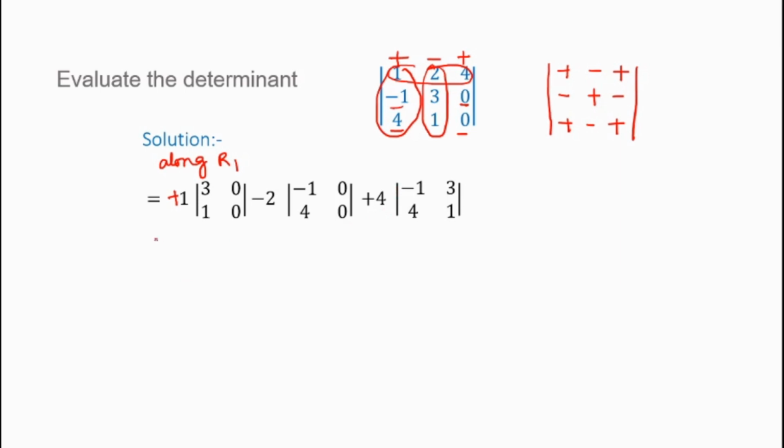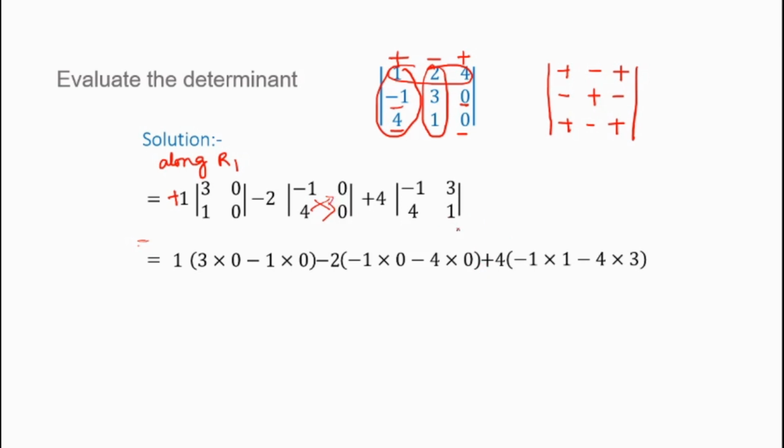Now this is equal to the expansion of the determinants of order 2: 1 into 3 into 0 minus 1 into 0, and minus 2 into minus 1 into 0 minus 4 into 0, and plus 4 into minus 1 into 1 minus 4 into 3.